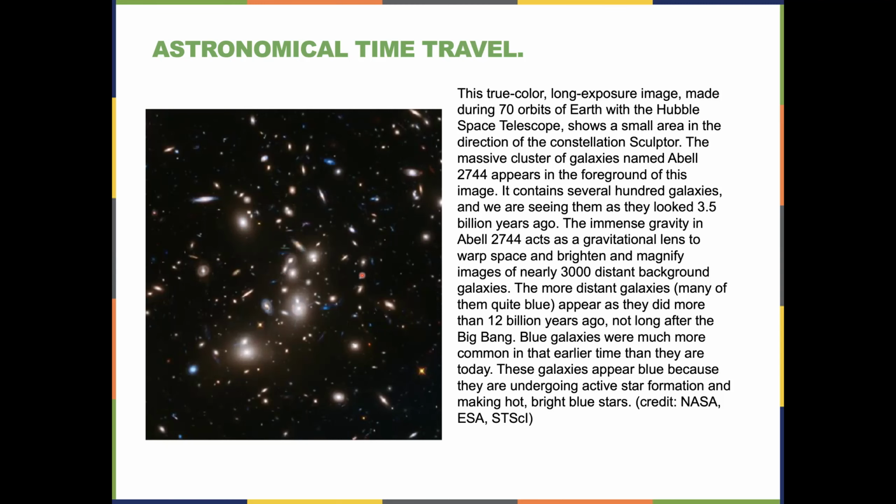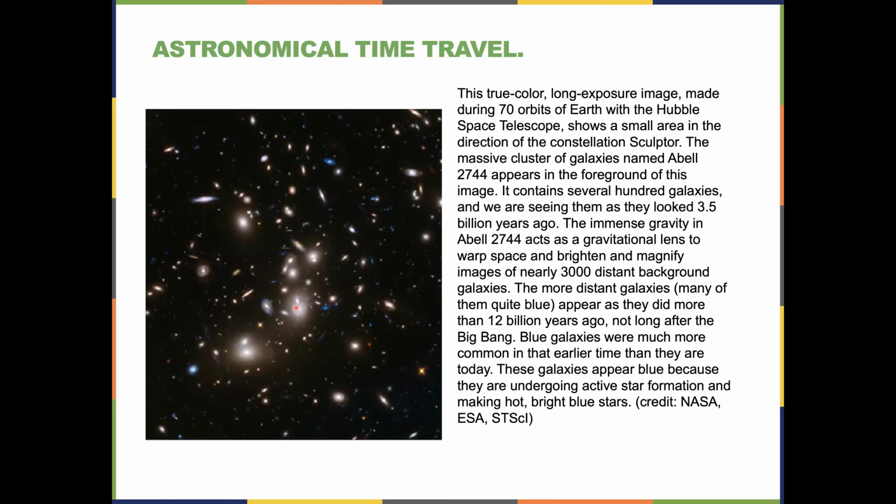At the same time, you can see that there are some bluish objects here. This one is blue. Those are actually blue galaxies. Now the interesting thing here is that this Abell cluster is a huge collection of galaxies.